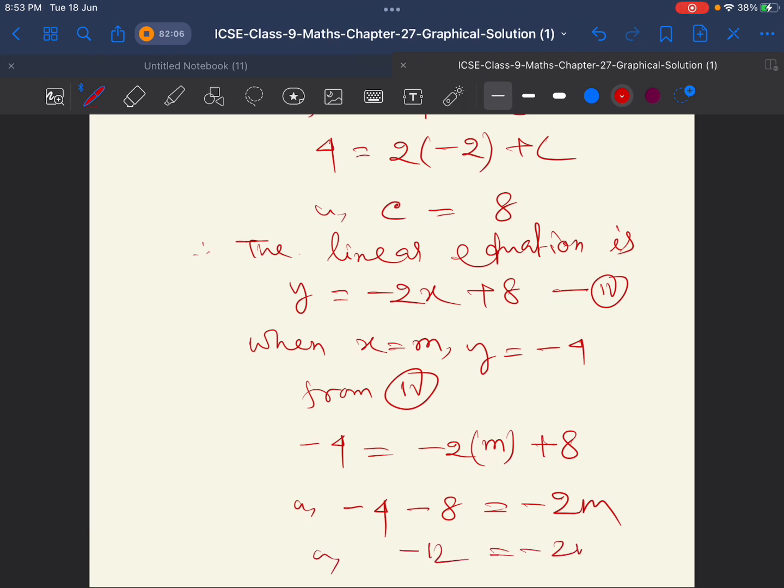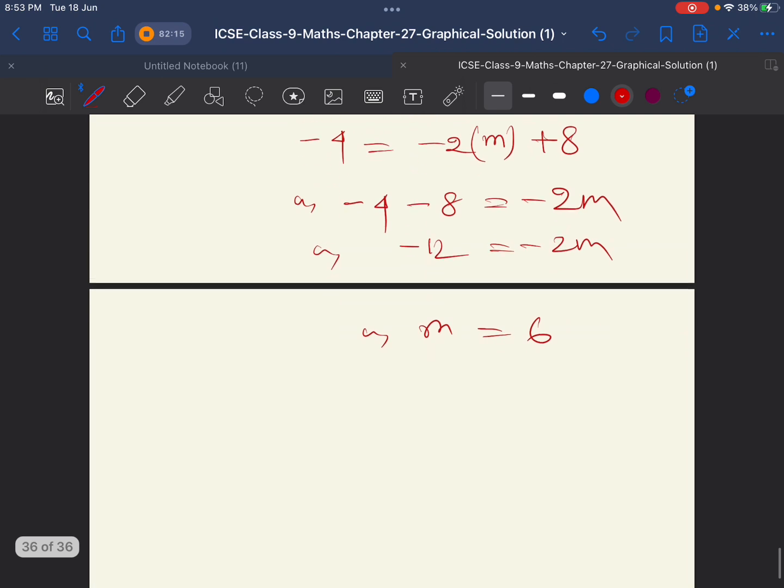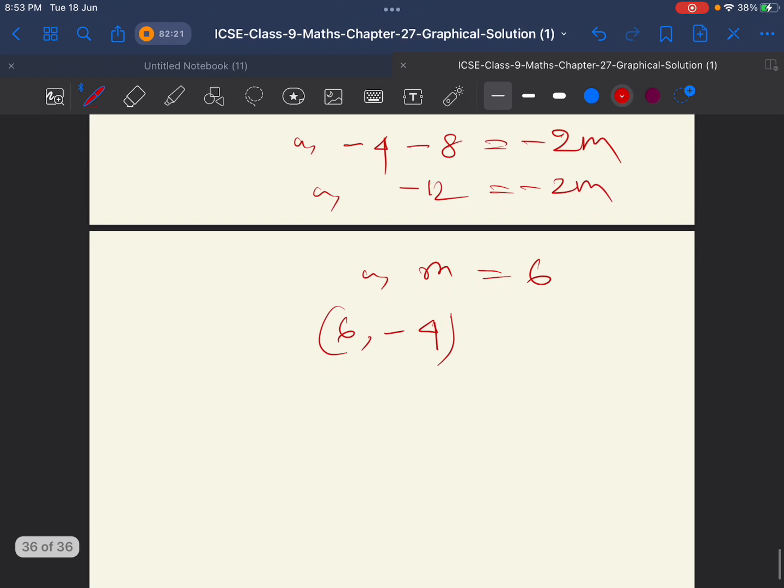Here minus 4 minus 8 equals minus 2m, or minus 12 equals minus 2m, or m equals 6. So here it is 6, minus 4.